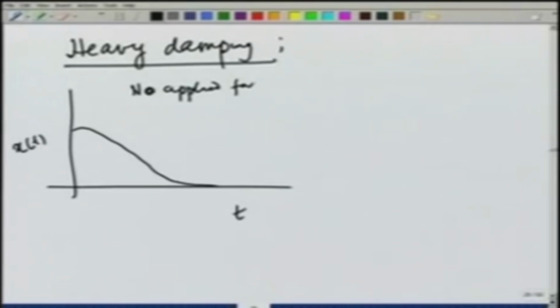But in this case, no matter what the damping value is, the motion will always be oscillatory, because x of t in steady state is some amplitude times cosine of omega t minus phi.